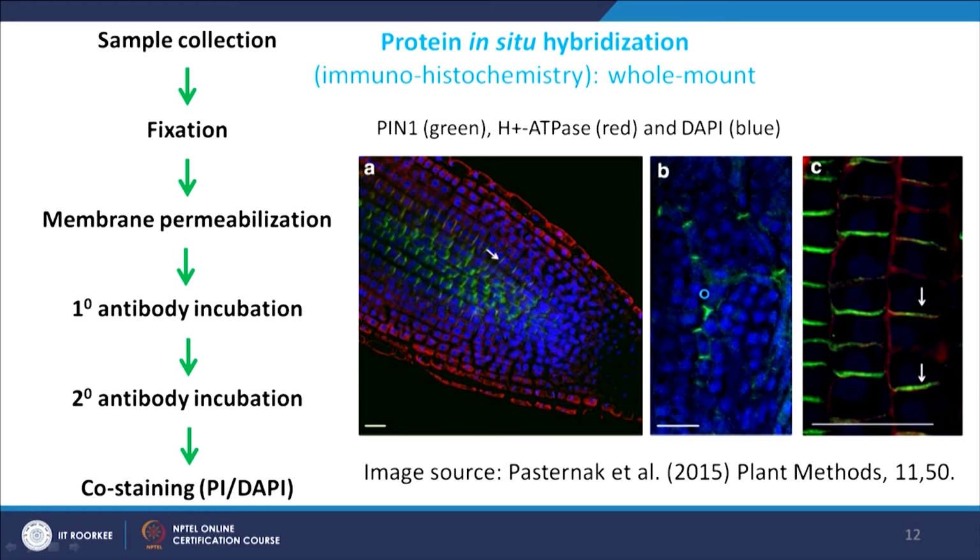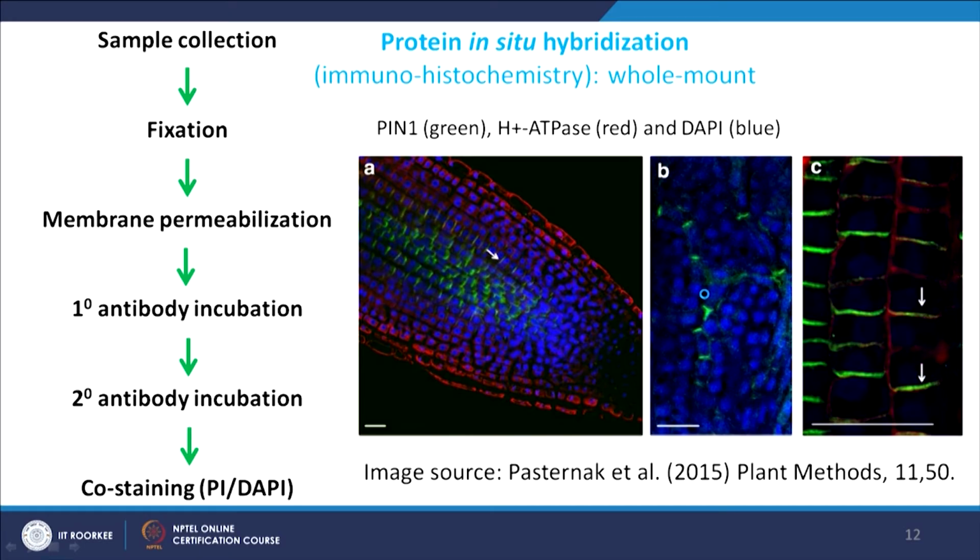So this was an example of RNA in situ hybridization, but we all know that in most cases the functional molecule is the protein, not the RNA. Of course, there are a lot of RNAs which function without being translated into a protein, but typically RNAs undergo translation and make protein.